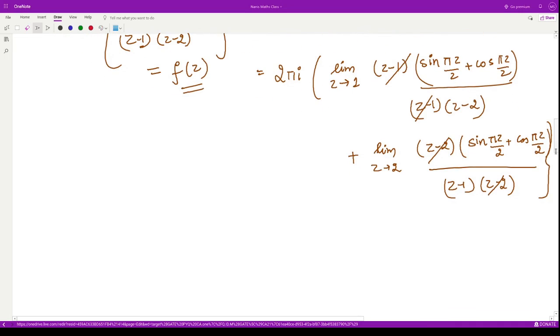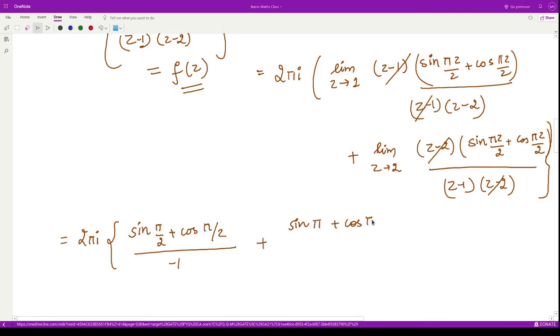So let us substitute the limits. We would have 2 pi i multiplied by, when you substitute z equal to 1, sin(pi/2) plus cos(pi/2) divided by (1 minus 2), that would be minus 1. And similarly in the second case, when you substitute z equal to 2, you would have sin(pi) plus cos(pi) divided by (2 minus 1), that is 1.